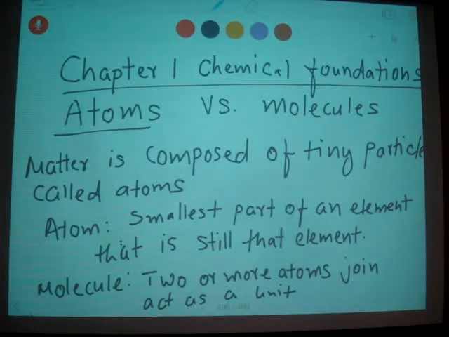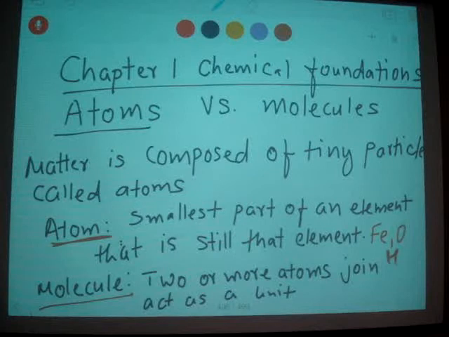So I'm going to give you some examples here. Let's say for elements, atoms, we can say iron, oxygen, hydrogen. These are atoms. But for a molecule, when hydrogen and oxygen join together, it makes H2O. So we can say molecule, H2O.